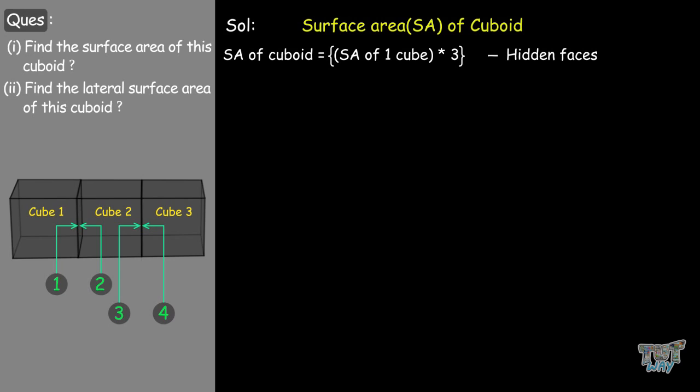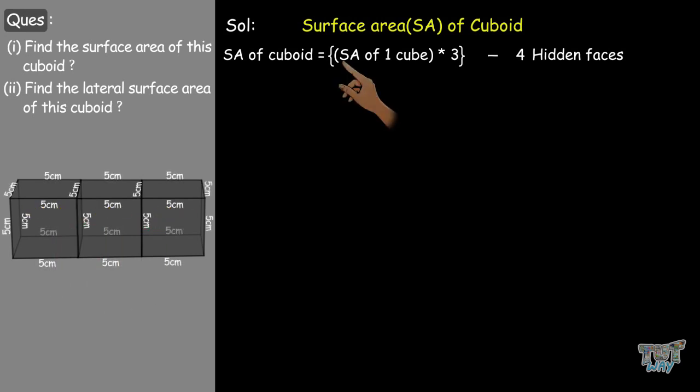Surface area of this cuboid will be total surface area of the 3 cubes minus the area of 4 faces. So we have to find the surface area of 1 cube multiplied with 3 minus 4 hidden faces. Now what will be the surface area of 1 cube?